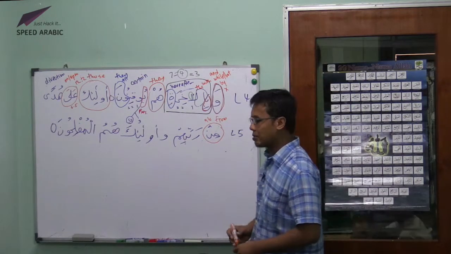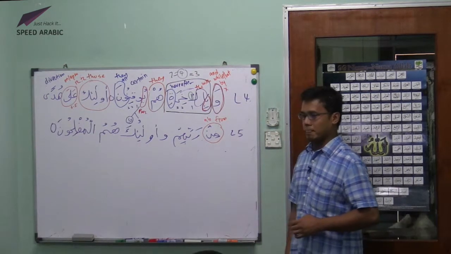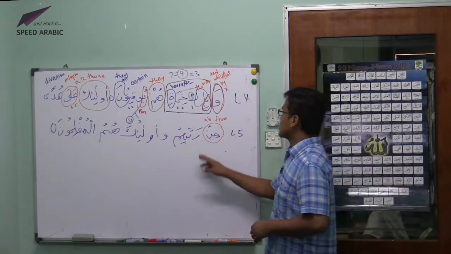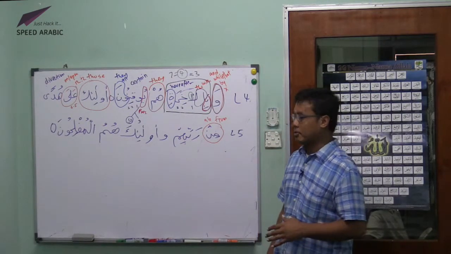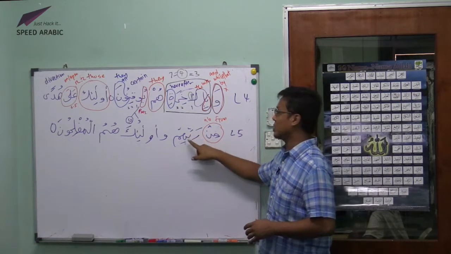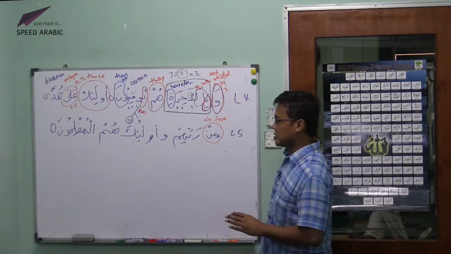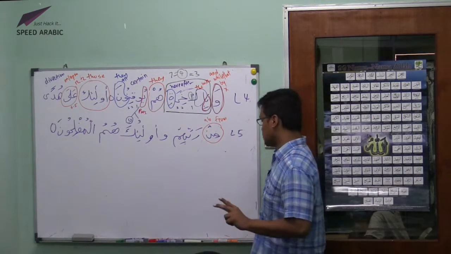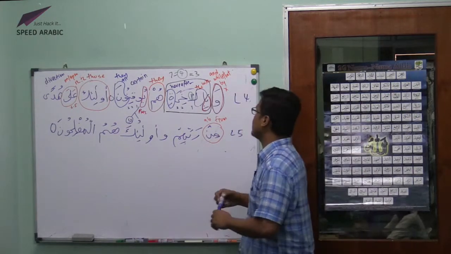Rabbihim. How do you unfix Rabbihim? So 1, 2, 3, 4. Is it 4 or 5? There's a shaddah there, so it's 5. Okay. So 5 minus 2. So you have to find two affixes. What are they? Him. Okay.